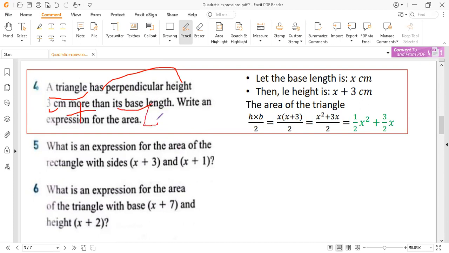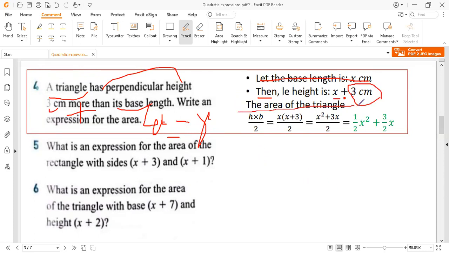So let's assume that the base length equals x centimeters. Then the height is 3 more than x, in the same unit, centimeters.